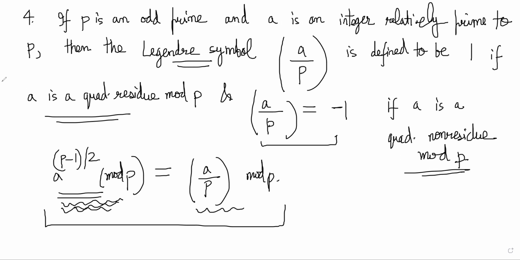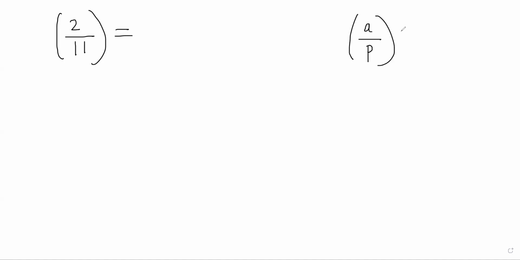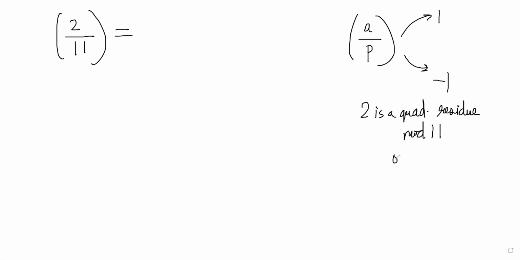But before that, let's get a little familiar with the Legendre symbol, and let's find out some basic values. So let's try to find out what is the value of (2/11). According to the symbol, 1 and -1 are the two possible values of this, and that depends on whether 2 is a quadratic residue mod 11 or not.